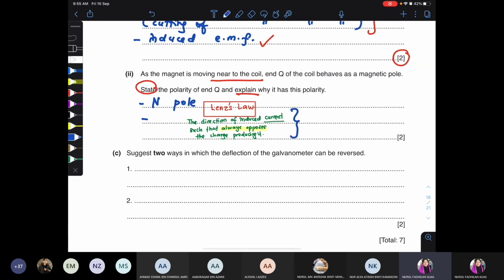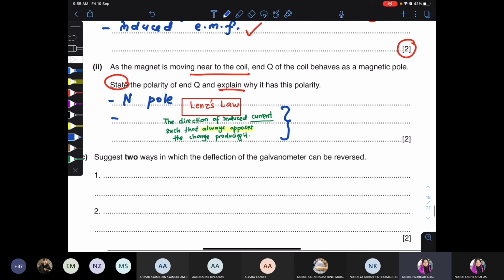Jadi sebenarnya apa yang berlaku ni? Maksud yang ni ialah ada opposes, ada repel. Seolah-olah macam ada repulsion kat situ. Apa yang repel? The magnet kan? It is as if the magnet repel the coil.